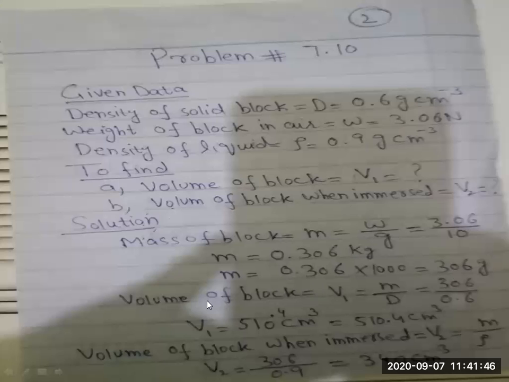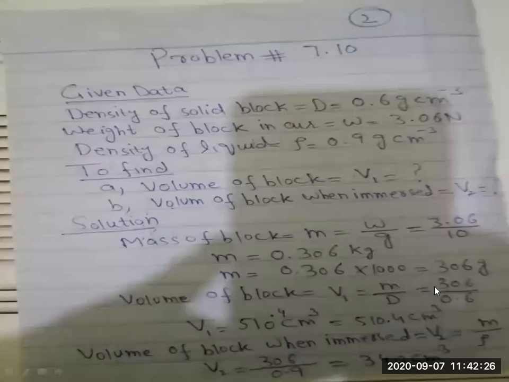The volume of the block is denoted with V1. So V1 is equal to M over D. You know the density formula: density is equal to mass per unit volume. From that formula, I separate out V. V1 is the volume of the block, so that will be M over capital D. Here the mass I found is 306, and the density of the solid block is 0.6 gram per centimeter cube.